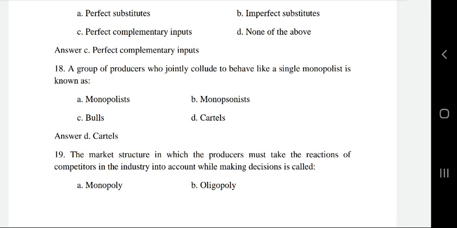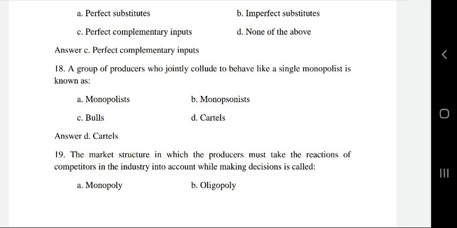Option D is the correct one, cartels. A cartel is a collection of independent businesses that collude to manipulate the price of a product or service. They try to reduce the competition by controlling the price in an agreement with one another.